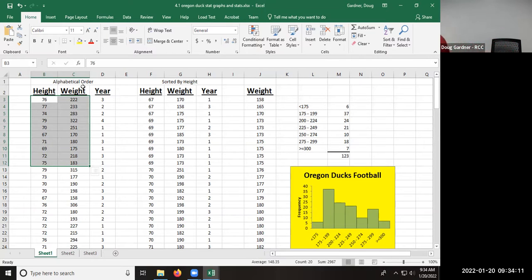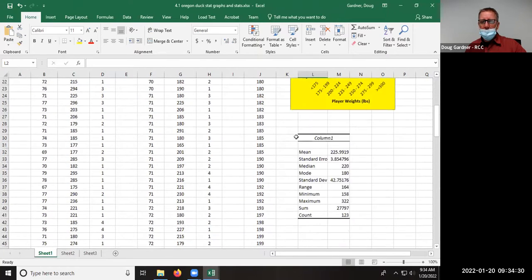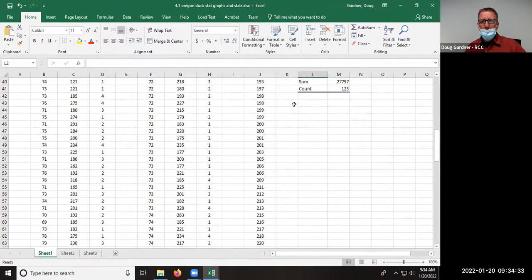Part of me thinks yes, because if you're taller, that's going to cause you to weigh more. But then, of course, there are all kinds of different body types. There are short people that weigh a lot, and tall people that are really skinny. So does it make sense this probably isn't going to be perfect? It's not that simple. Well, watch this. Let's see, did I already do this in here somewhere? No, good.